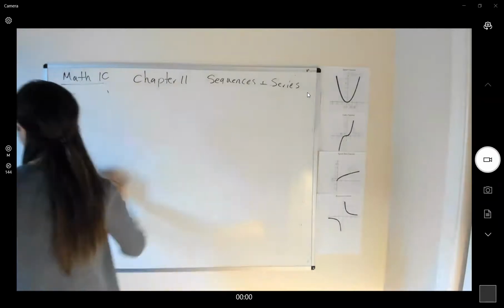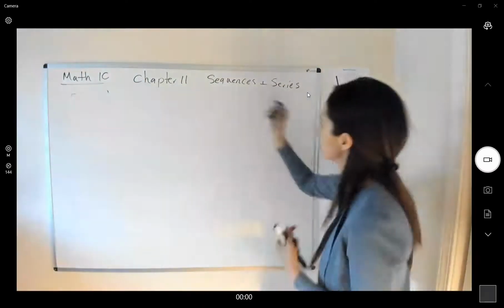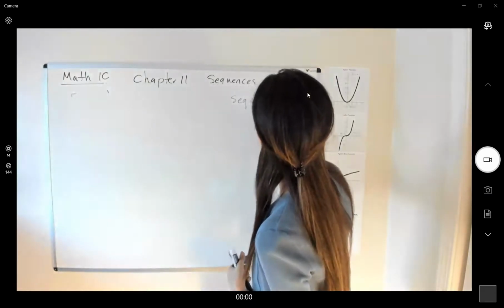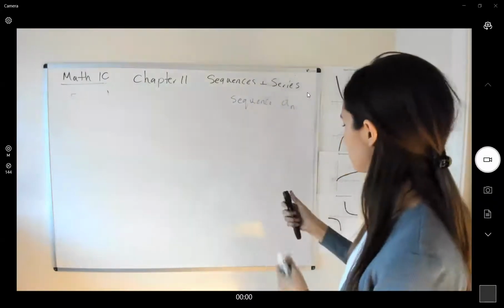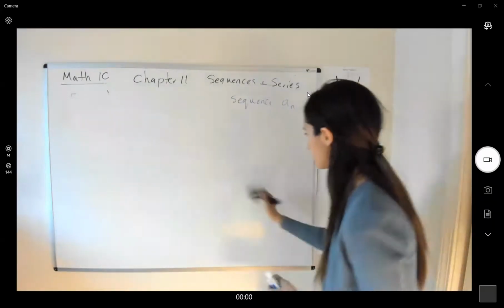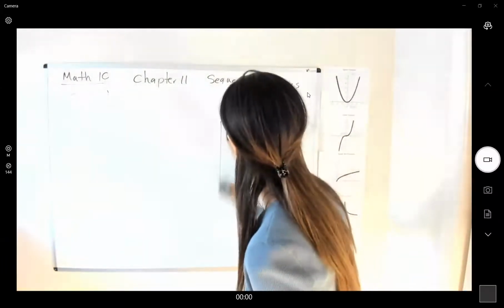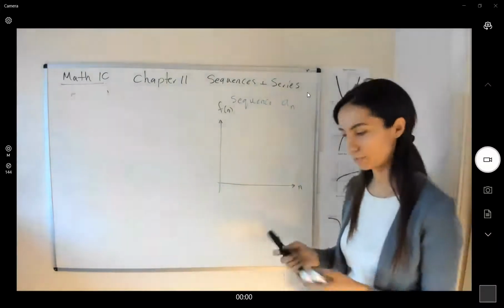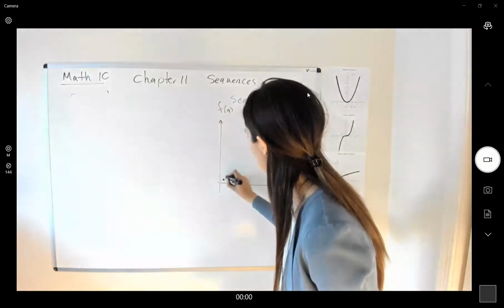Let me graph a function for you. Let me graph a sequence for you first. Consider the following sequence. Sequence a sub n has a graph like this, and some terms of this sequence are going to be like this. So suppose it starts from here.